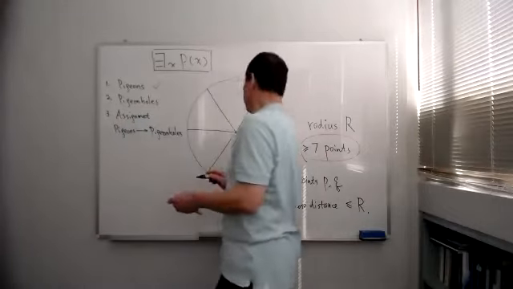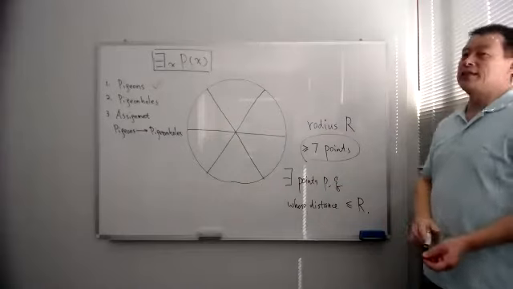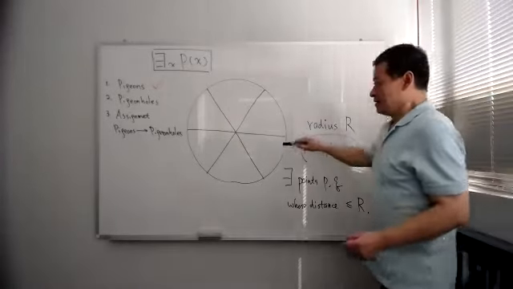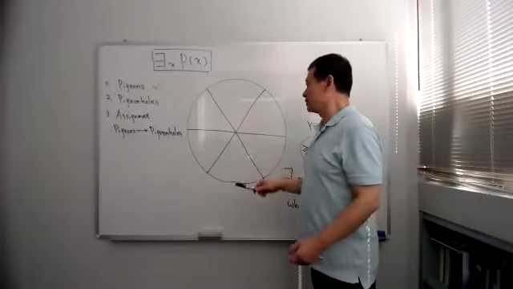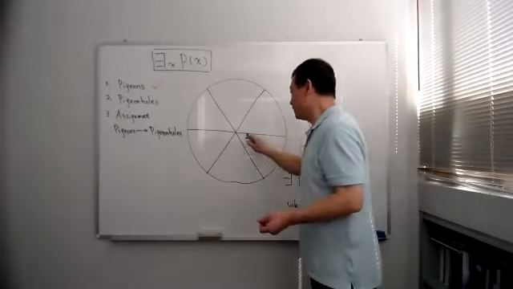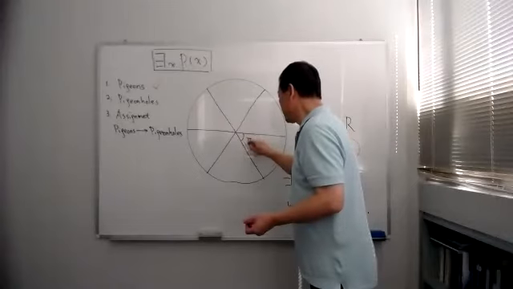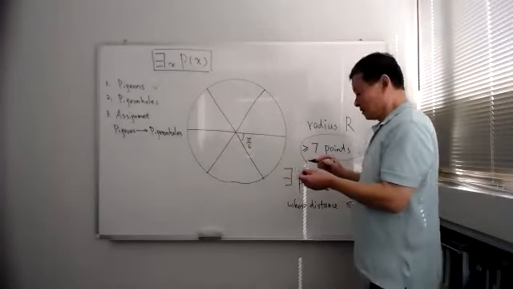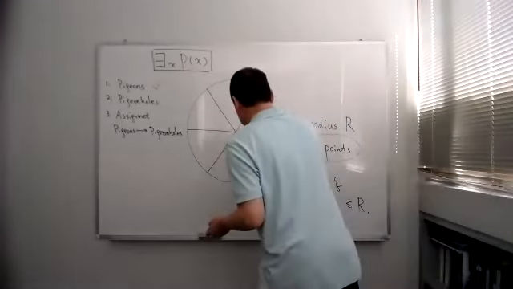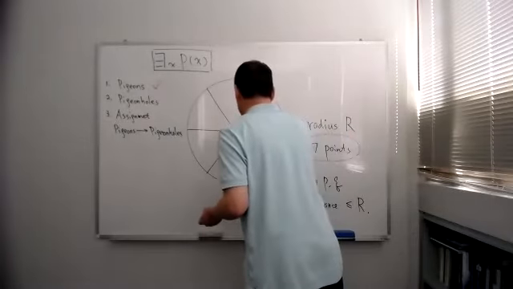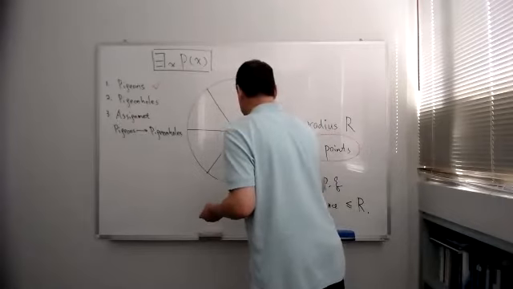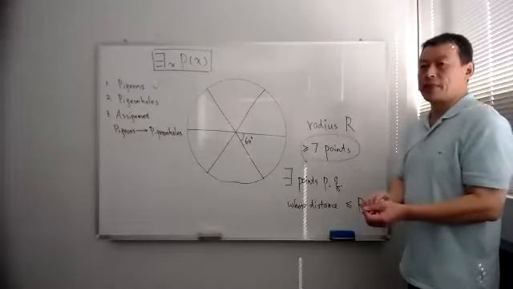We divide the disk into 6 parts, 1, 2, 3, 4, 5, 6, equally. So the angle is pi over 3, sorry, 60 degrees.